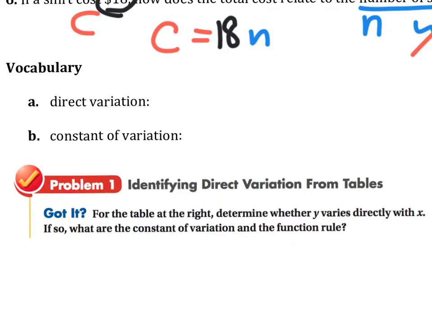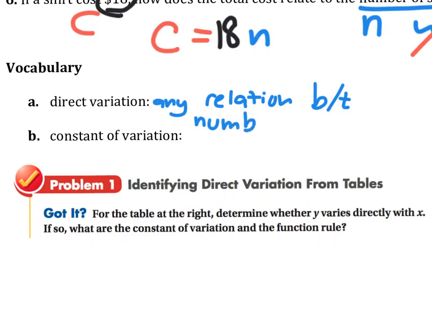So here's the definition of direct variation. It is any relationship between numbers (B/T means between) that can be written in a particular form.